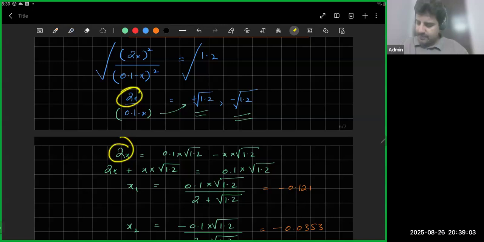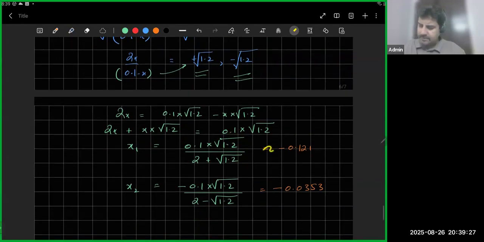Okay, you got 2x, 0.1 into 1.2 minus x into 1.2. So that looks fine. The x went to the other side, so that's this. 0.1 times 1.2 under root, and took x common, so that's 2 plus 1.2 under root, and divided on the other side. How could the first value be negative?